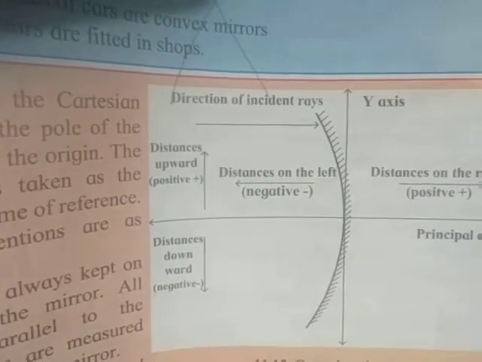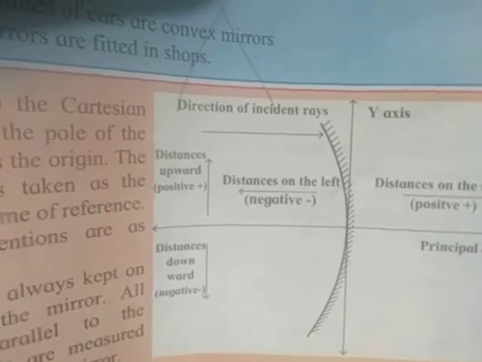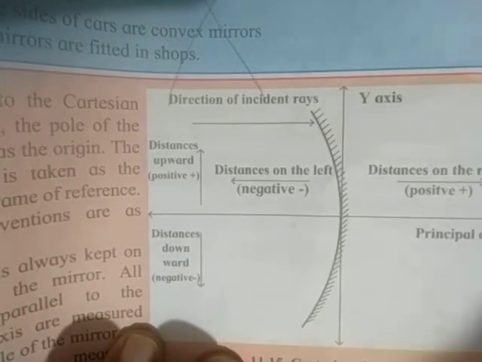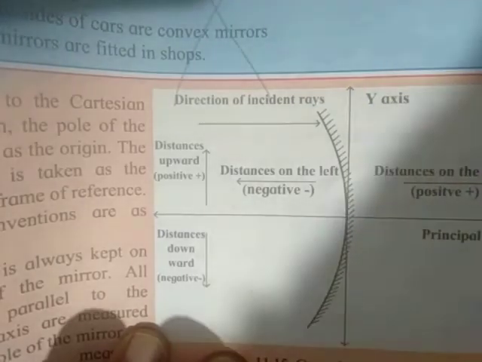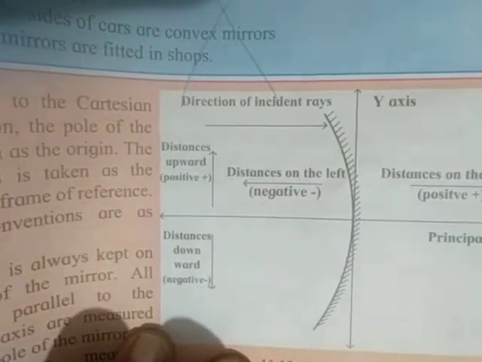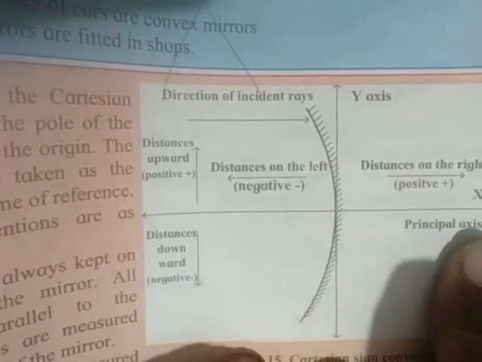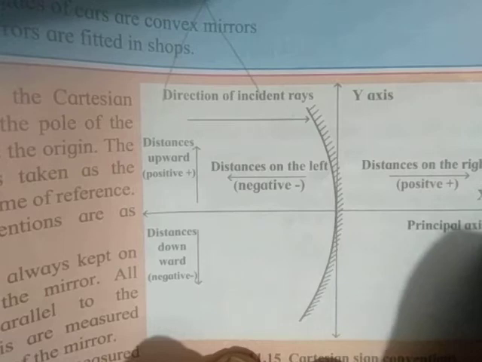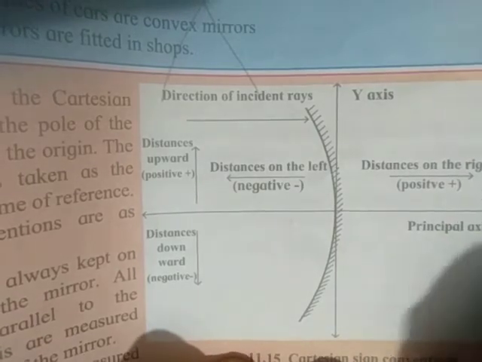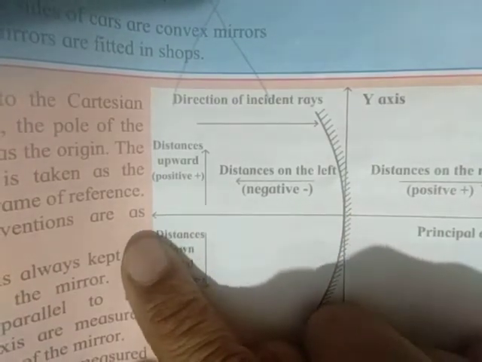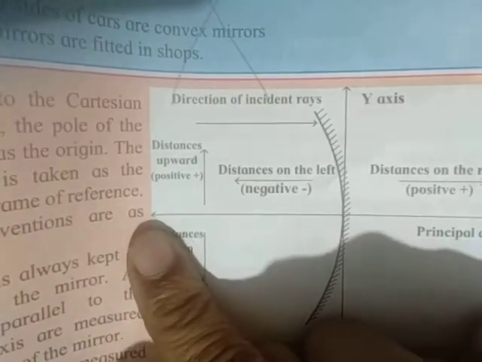You know that you have learned about the integers, and integers on the right side of the axis, that is the x-axis, are positive numbers, whereas on the left hand side we call them negative numbers.